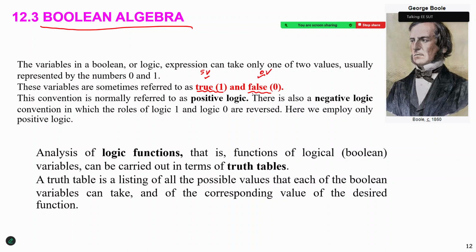The 1 represents positive logic, and 0 is negative logic. We call this a logic function, and we can carry out this type of logical or Boolean function using a tool called the truth table.